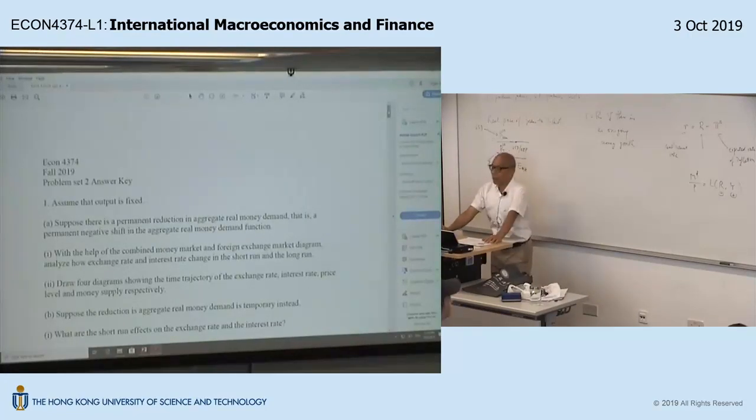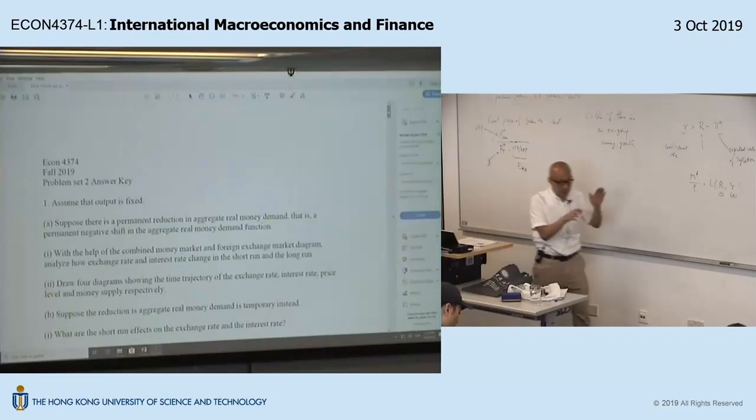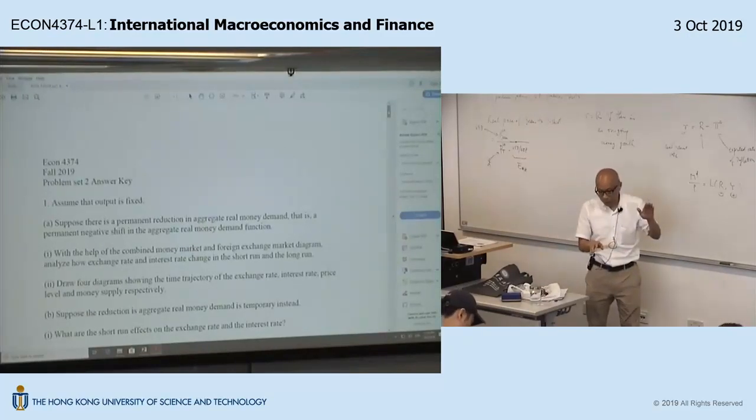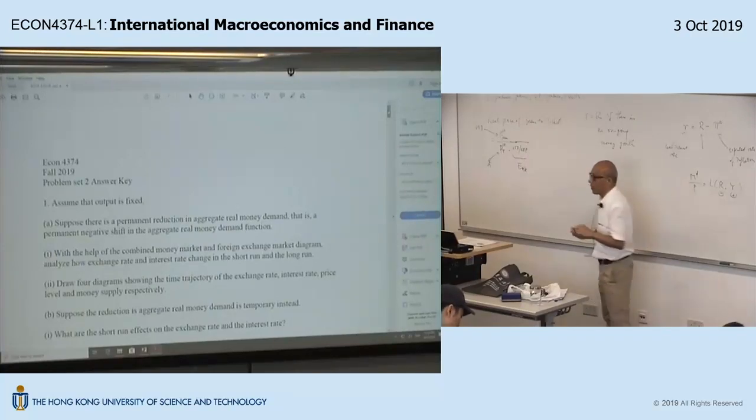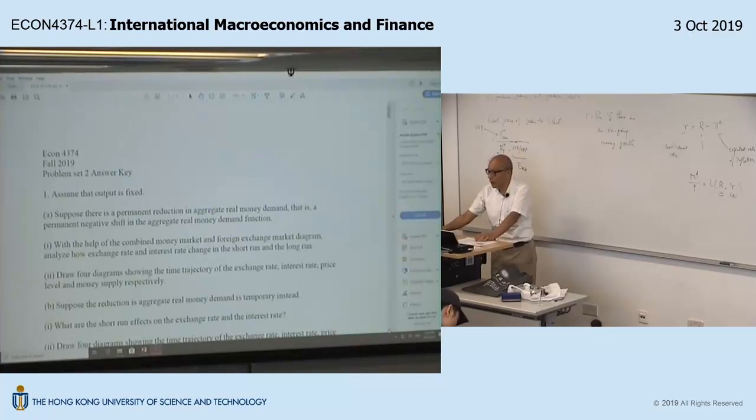So the money demand schedule shifts in. I asked you to explain how the exchange rate and the interest rate change in the short and long run, and then draw a diagram. And then compare with the situation when the reduction in the money demand function is temporary instead.